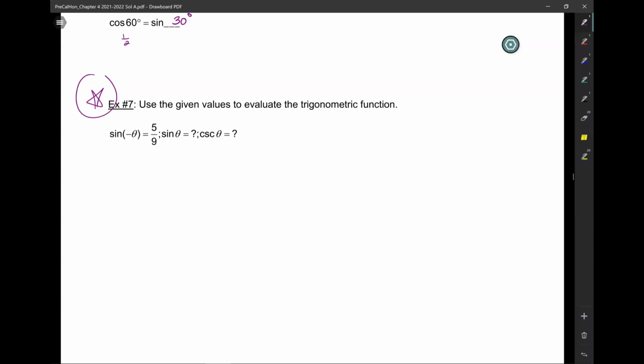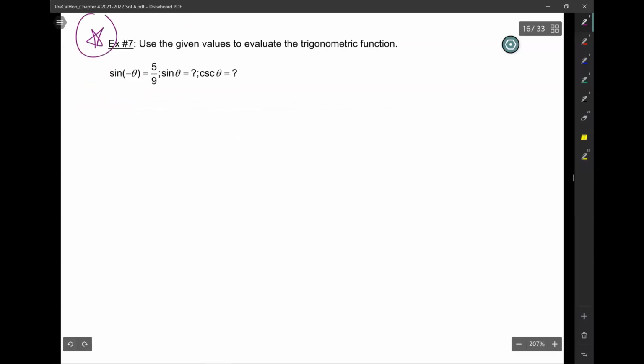Well, let's see. Here's a unit circle. Here is some random angle theta. Where is the sine of theta? It's this, right? Everybody agree with me?